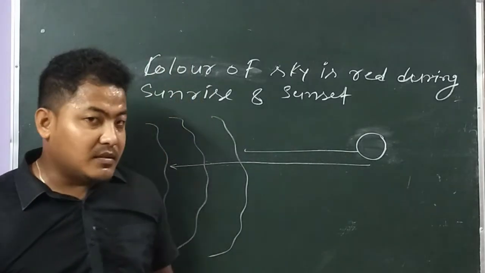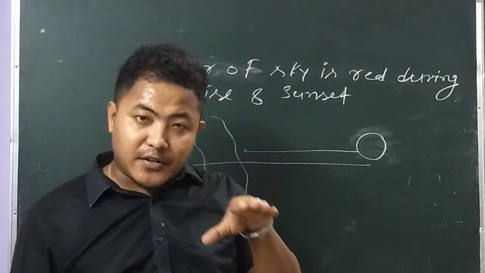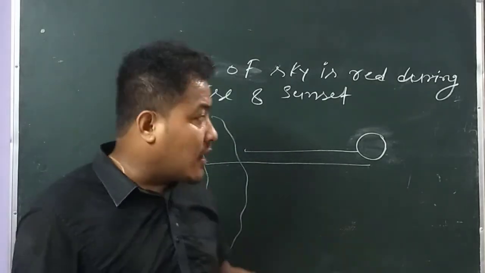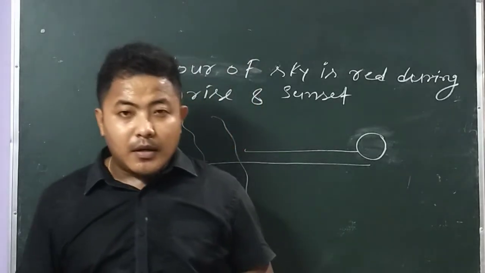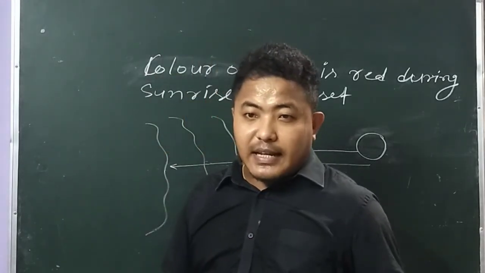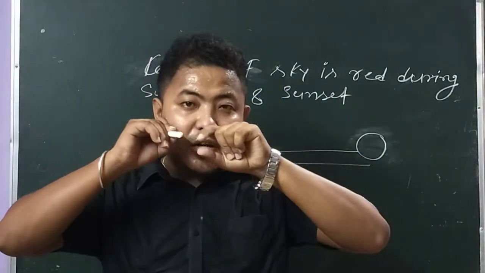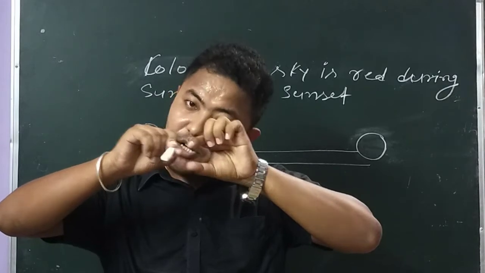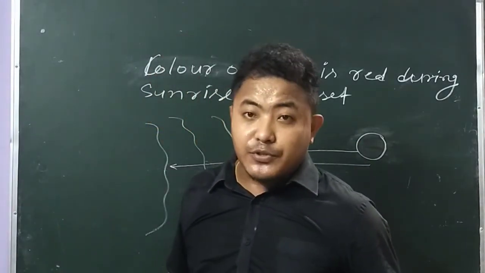I'm again wrapping up my class by telling you why the sky is red during sunrise and sunset, and why we see the sky blue in the daytime. To answer the first question, again I am telling you that once the sunlight passes through the Earth atmosphere, blue color is scattered most, and blue color is more sensitive to human eyes.